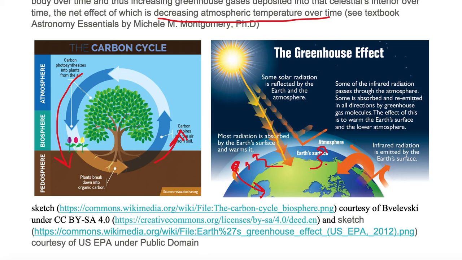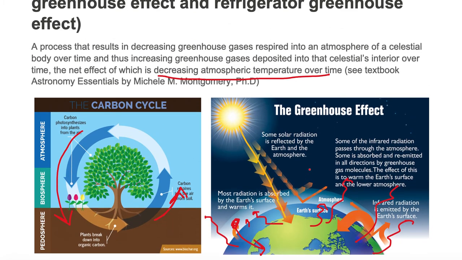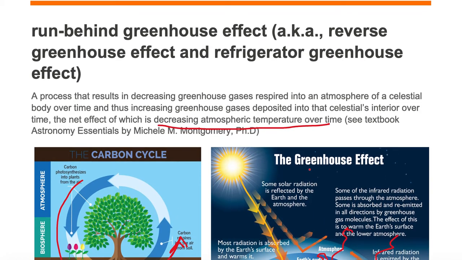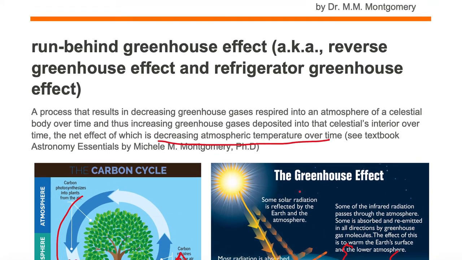The net effect is that this infrared radiation can continue to escape from the planet, thereby cooling the planet over time. Each day that passes on this planet or exoplanet, the temperature decreases over time.